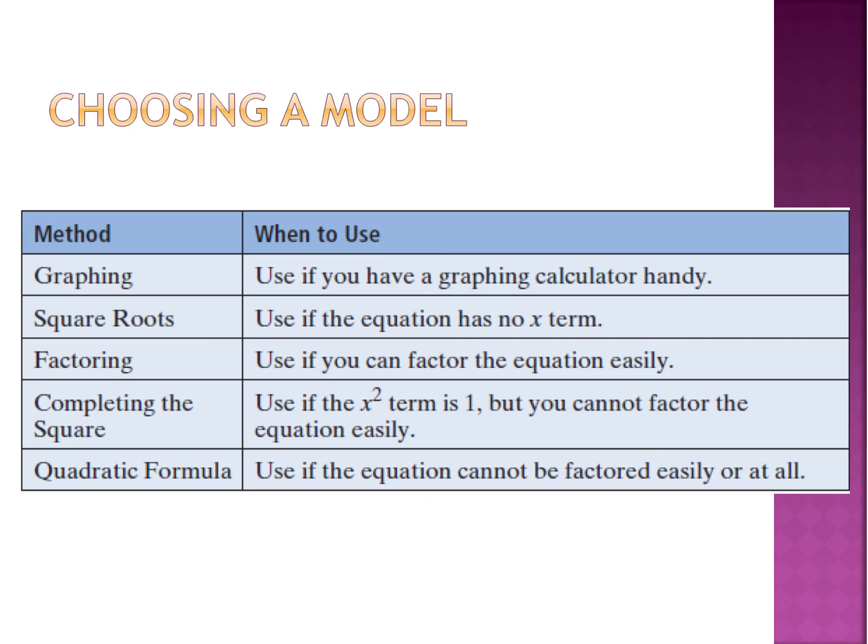We can use the square root method if you have no b term or no x term there. You can factor if the function is going to factor easily. We did not do completing the square, so you can go ahead and cross this one off. And then when all else fails, the quadratic formula will always work.